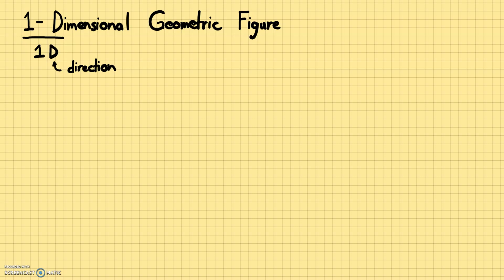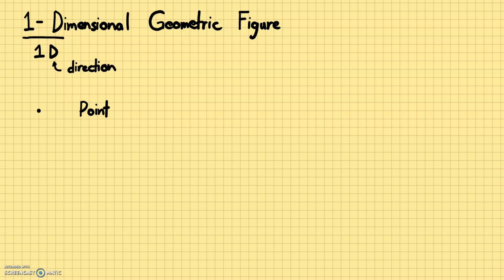So the most basic figure would be something like this. It's just a dot, and this figure is called a point. This is an imaginary point in space that composes all of the geometric figures.